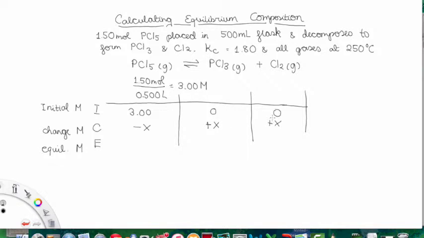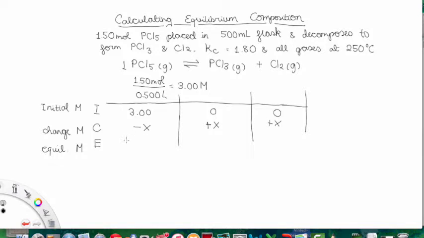The reason why it's just minus x and plus x is because the coefficients in front of all of the different compounds are 1 to 1 to 1. So for example, if this was 1 to 2 to 1, then this would be plus 2x, whereas everything else would just be x. So whatever the coefficient in front of your compounds, you make that reflect in this table.